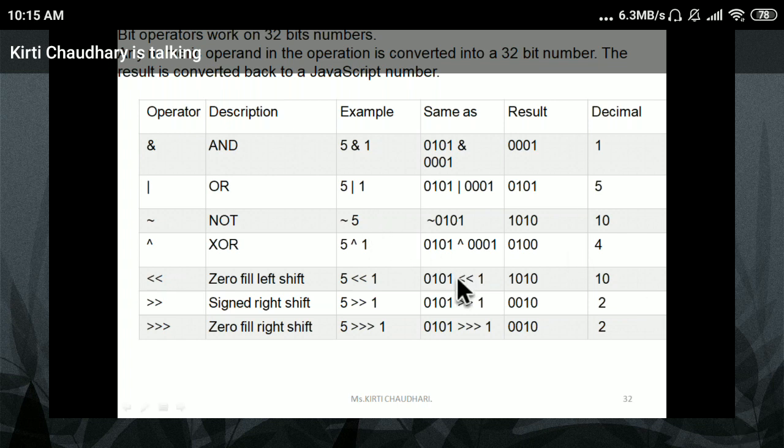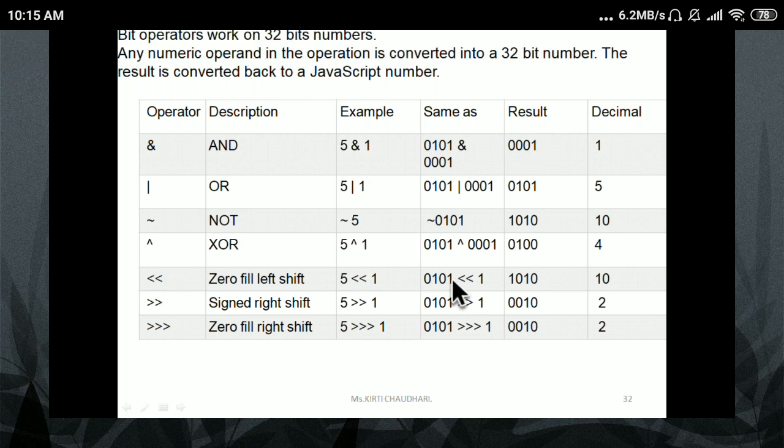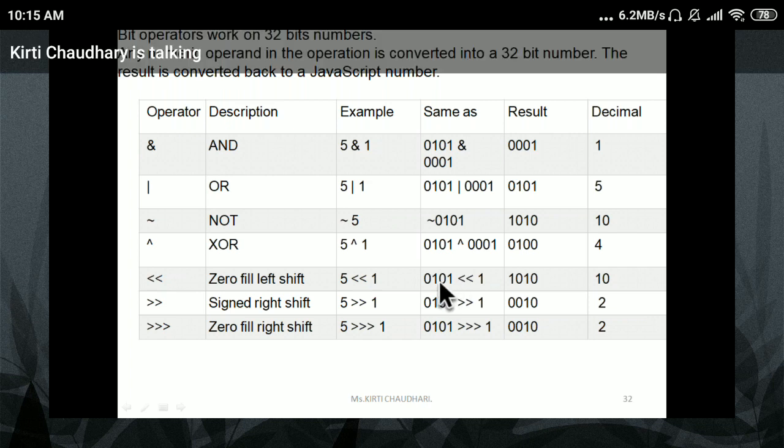So 1 is shifted left, then 0 is shifted left, next 1 is shifted left, and 0 is inserted at the first position. So the output will be 1010, that is 10.